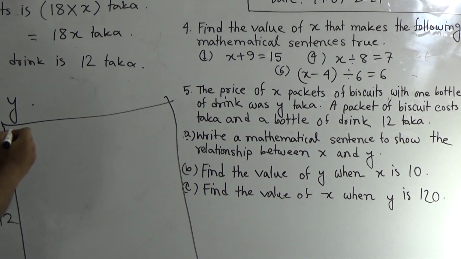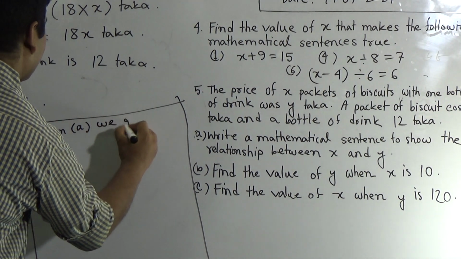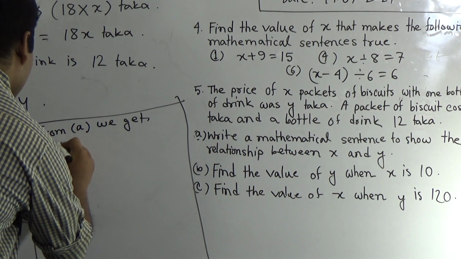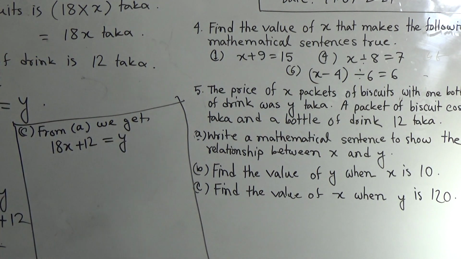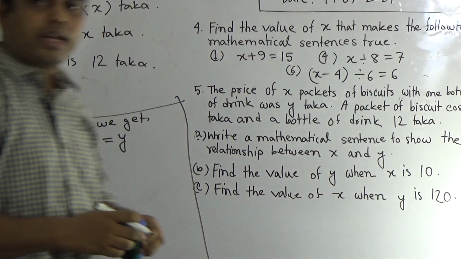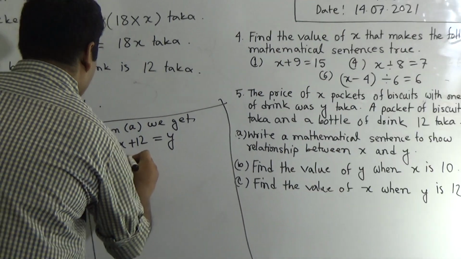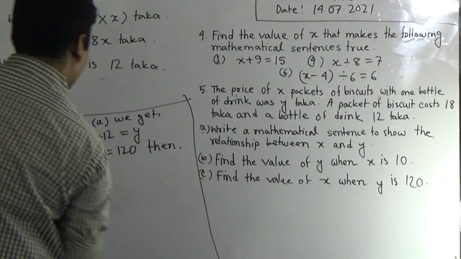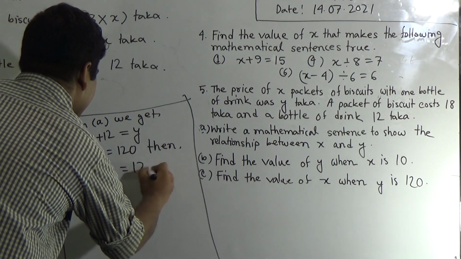So first of all write: from A we get the mathematical sentence 18X plus 12 equals Y. In this case the value of Y is given, which is 120. So when Y equals 120, then 18X plus 12 equals 120.